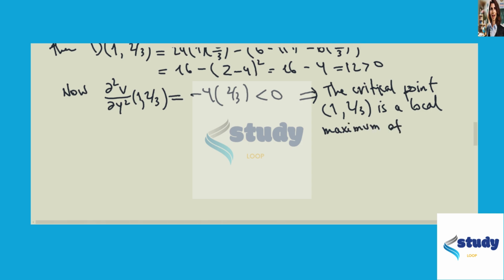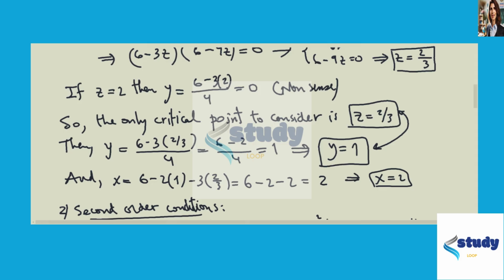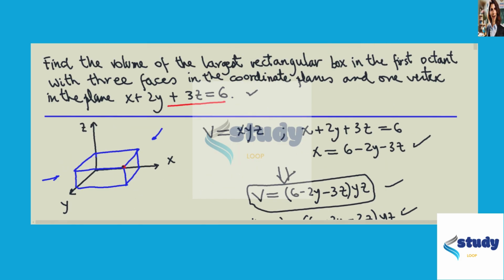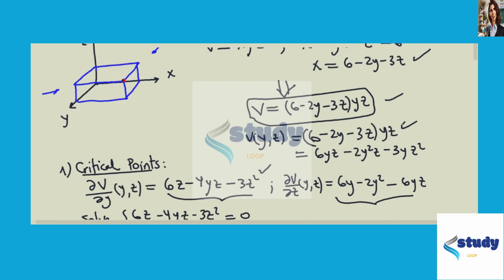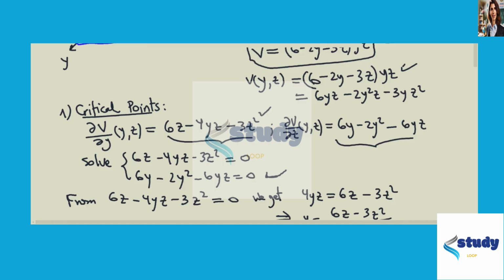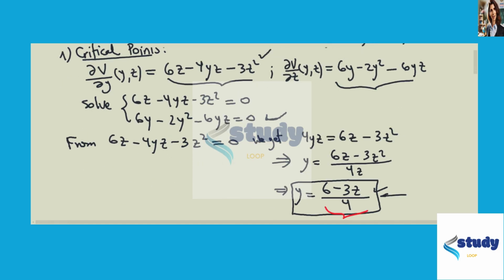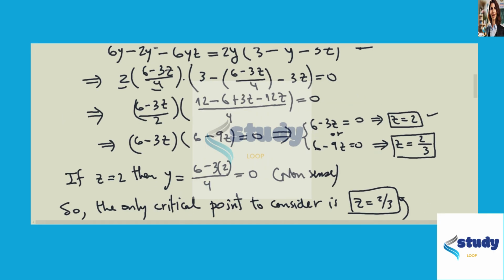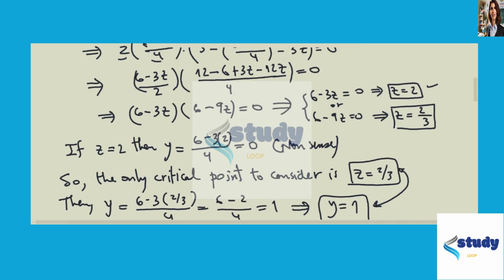of V(y,z). That is, we have turned or converted this function into a function of two variables. We have applied conventional calculus to find the critical points of the new function of two variables. We have found two possible values for the coordinate, but one of those values leads to a null value in one of the coordinates, which doesn't make sense.